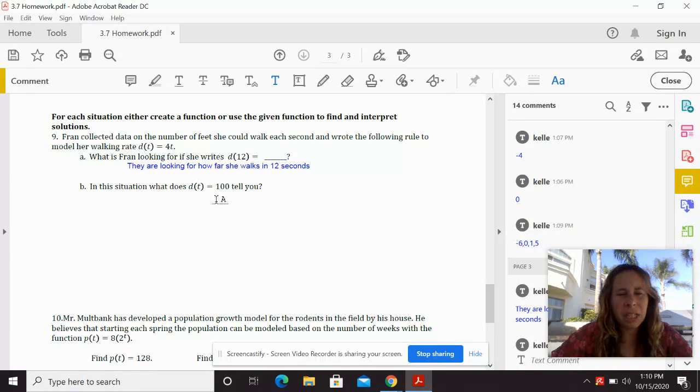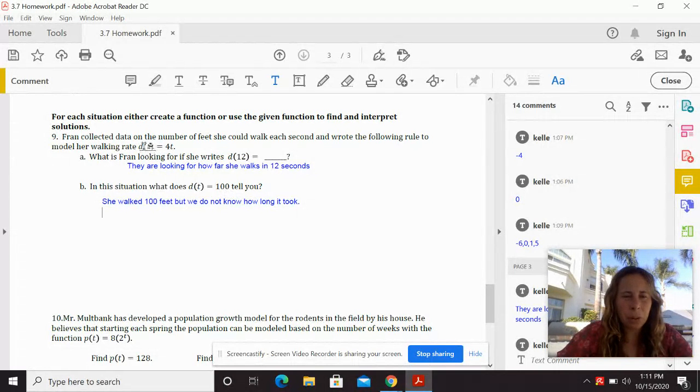Okay, so d of t is equal to 100. That means she walked 100 feet, but we do not know how long it took. You can figure it out. D of t equals 100, so you'd substitute 100 in for d of t.